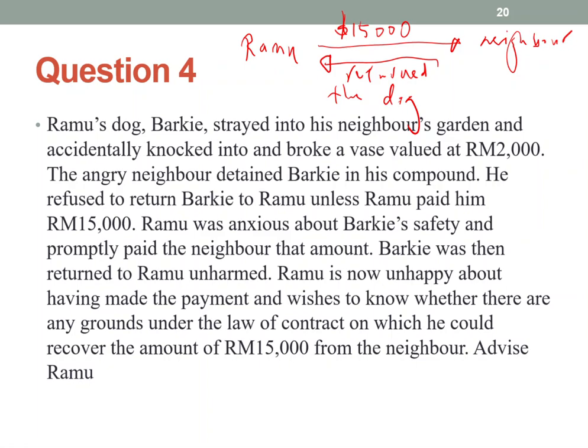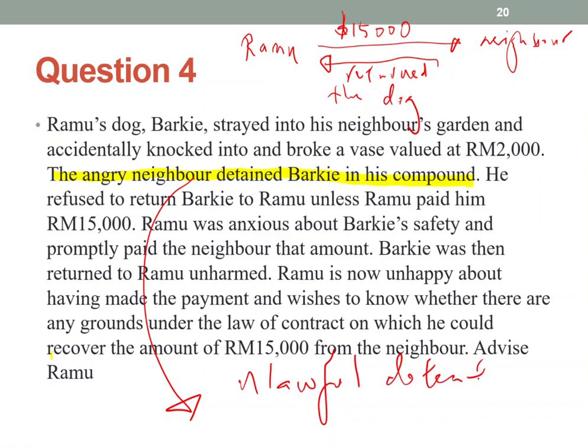Over here, you can see that where Ramu is concerned, the neighbor is unlawfully detaining the dog in his compound. All right, this is unlawful detention of property in order to force the other person to enter into a contract.